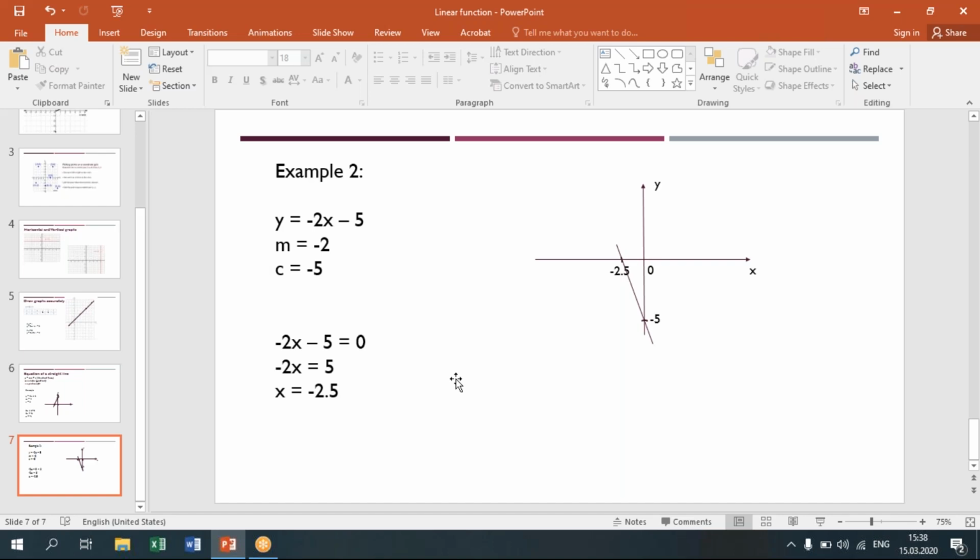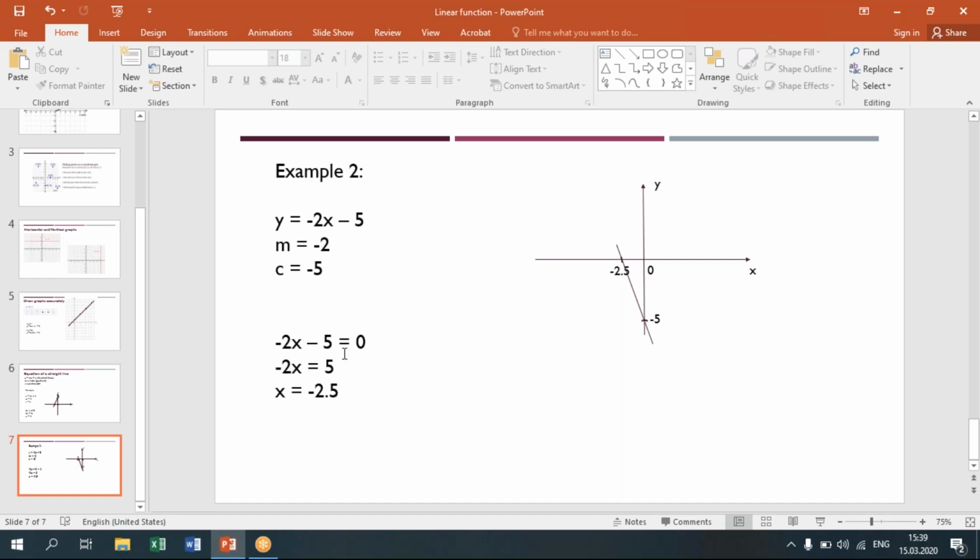Then I have to find the x-intercept. If you want to find the x-intercept, y should be equal to 0. So this whole expression, negative 2x minus 5, should be equal to 0. Then I have to solve it as usual.